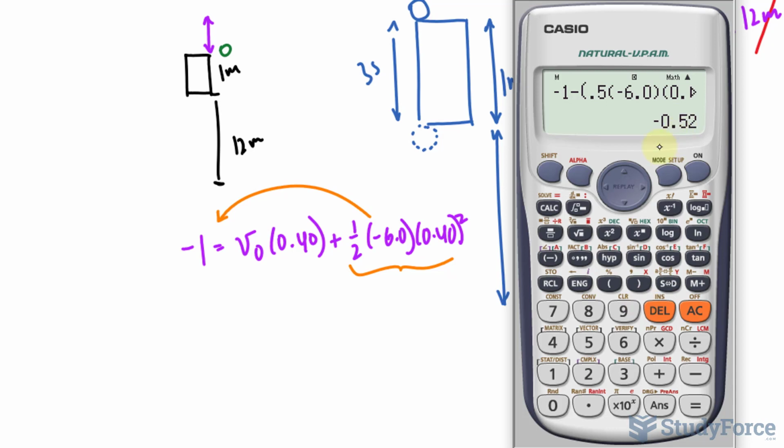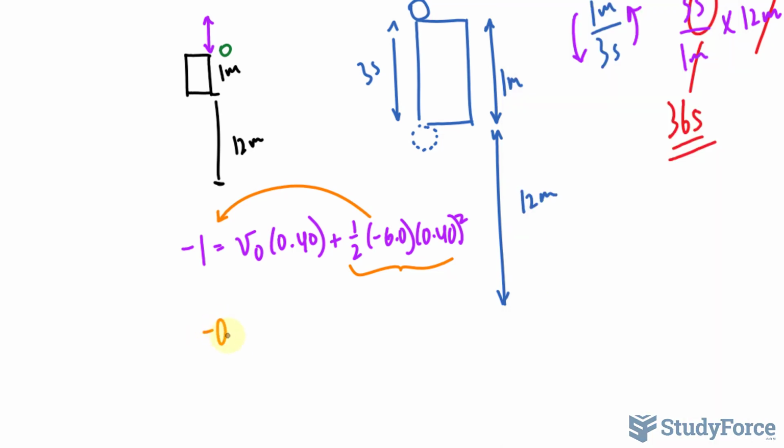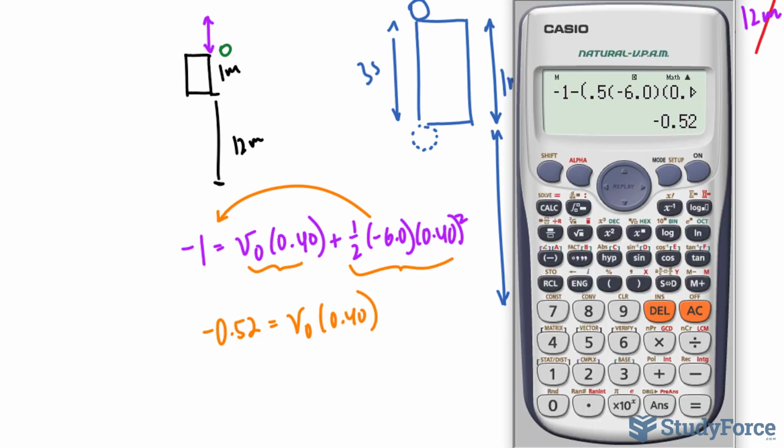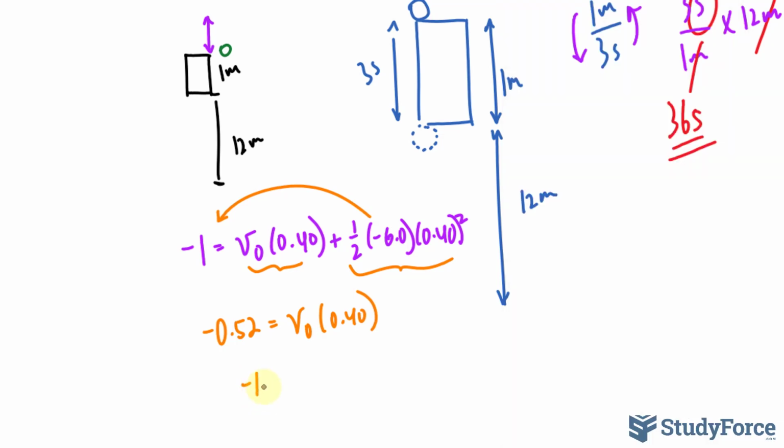That gives us -0.52 on the left side, and on the right side we still have this term remaining. We'll divide both sides by 0.4. So I'll divide this by 0.4, and I end up with a velocity of -1.3 meters per second. The fact that it's negative suggests that the ball is going downwards.